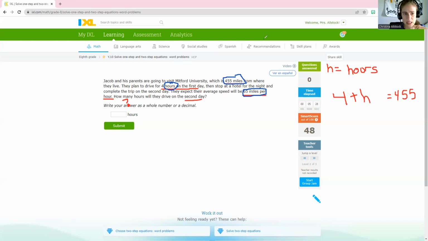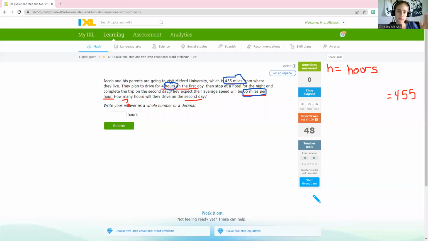So let's do a little erasing here so we can fix this. If they go 4 hours on the first day and they're traveling 65 miles per hour, that's going to be our first piece of information. So 4 hours are driven at a speed of 65 miles per hour.